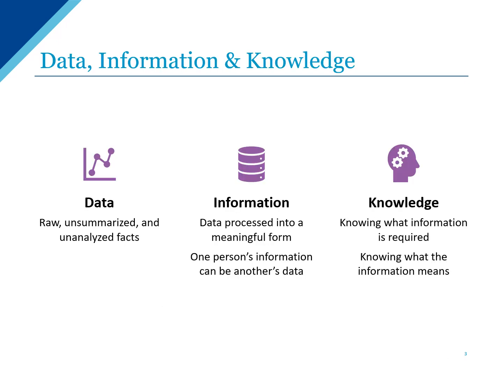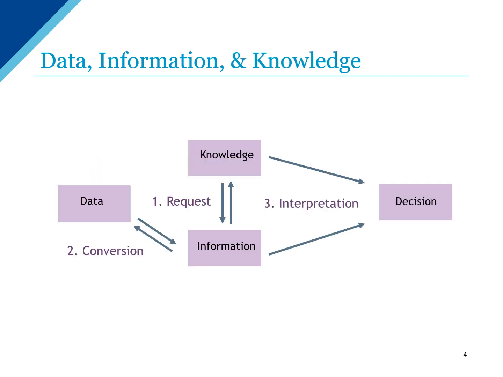Data are raw, unanalyzed facts. Information is data processed into a meaningful form, but one person's information can be another person's data. Knowledge is knowing what information is required and what the information means. So how are these represented in research, data sets, results, and literature?